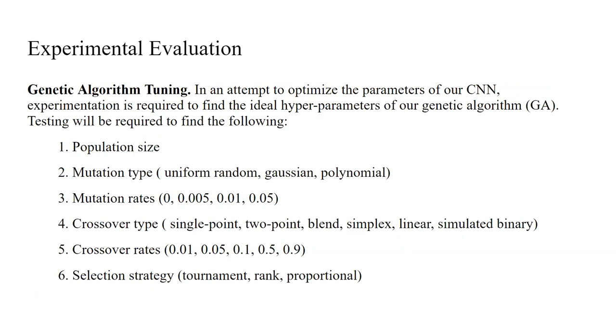In terms of experimental evaluation, genetic algorithms, because they're meta-heuristic and just one way of exploring a search space, also have their own set of hyperparameters. The hyperparameters that are generally tuned the most are the population size and the mutation type, because you can randomly mutate individuals or follow some form of distribution.